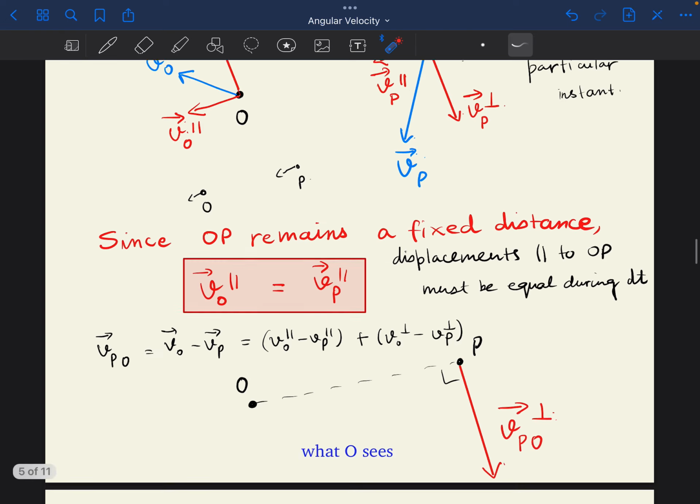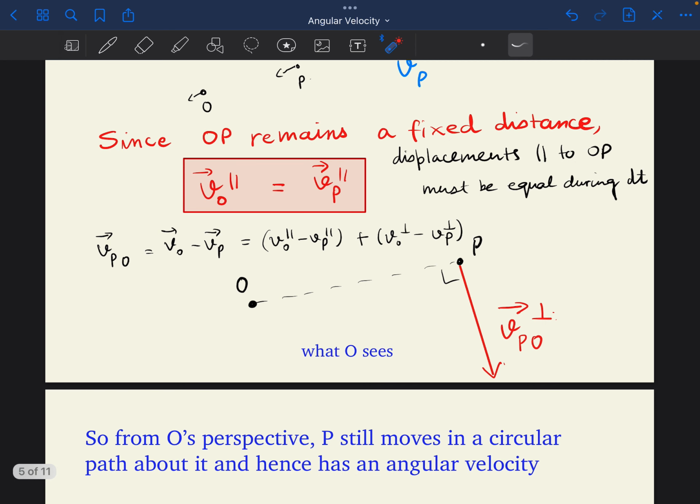Because in this relative picture, it will have a perpendicular component, which is this, and it might also have a parallel component. So it is clearly moving in this direction, which is not a circular path.